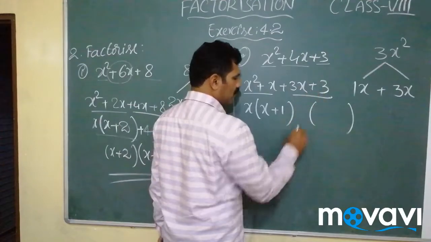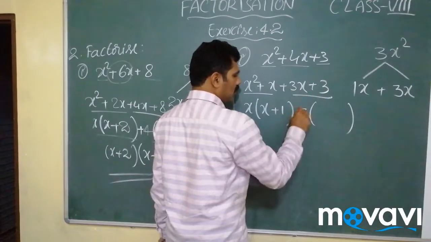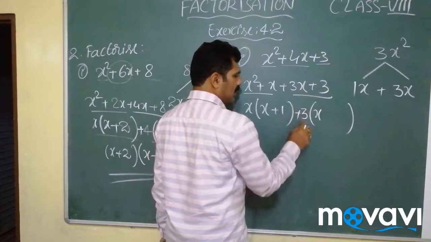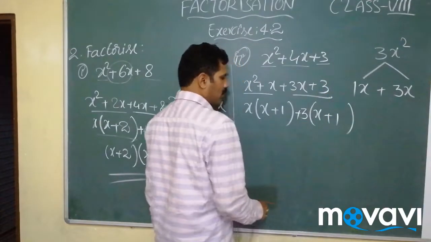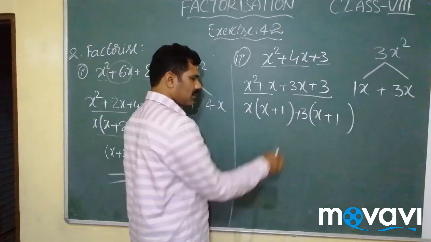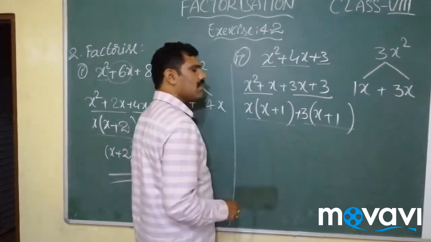Okay, so I write here 3, and here it's a positive value, so I will be writing plus 3. So 3 into x is 3x, plus 3 into plus 1 is equal to 3. So here again 4 terms are reduced to 2 terms, that is x into x plus 1 and another term, that is 3 into x plus 1.